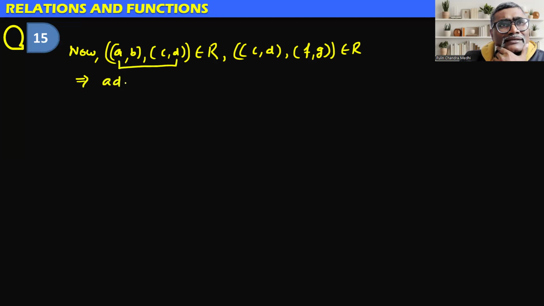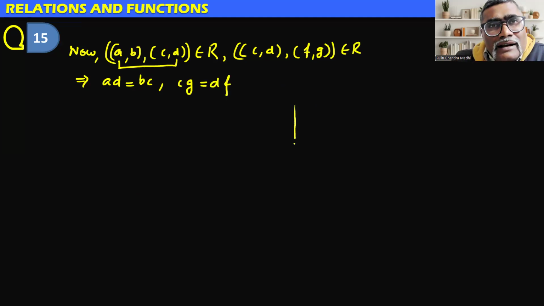If these two are related, what do I get? AD equal to BC. Here what will I get? CZ equal to DF. Right? Now stop for a while because you have to adjust. Otherwise, you may not get a chance to do the problem directly in a single shot. What should I get ultimately?